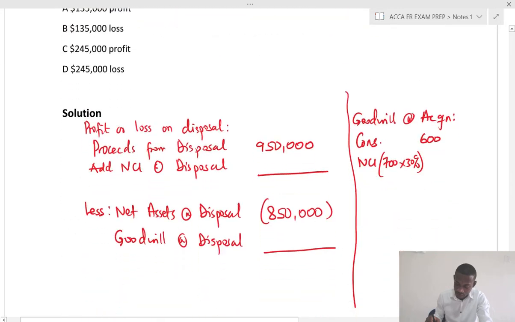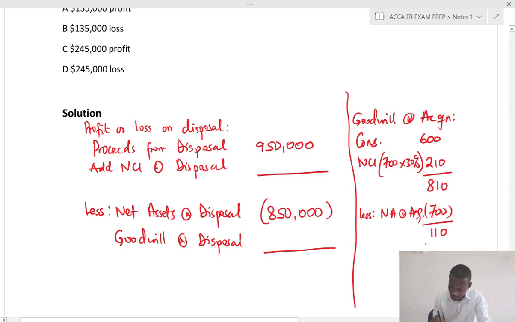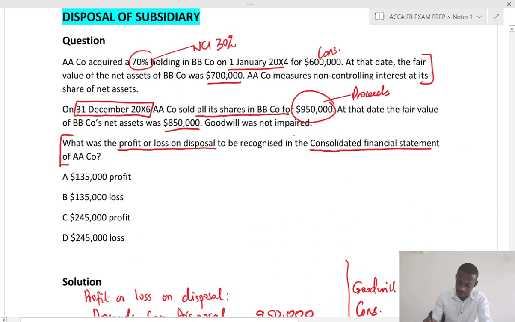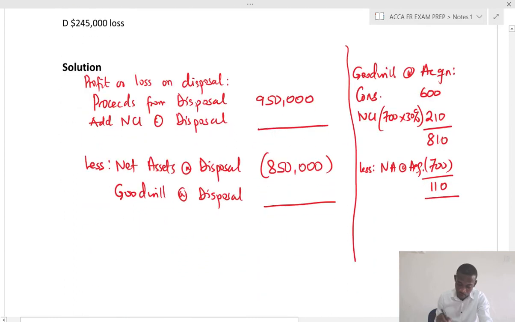So 30% of 700, that should be 210. So we have 810 less net assets at acquisition, and that was 700. So the goodwill at acquisition should be 110,000. And if the goodwill was not impaired, it means that the goodwill at disposal would also be 110. So we slot that also here.